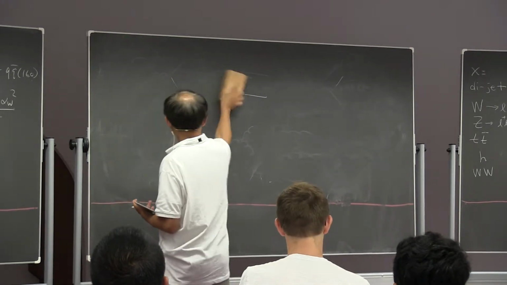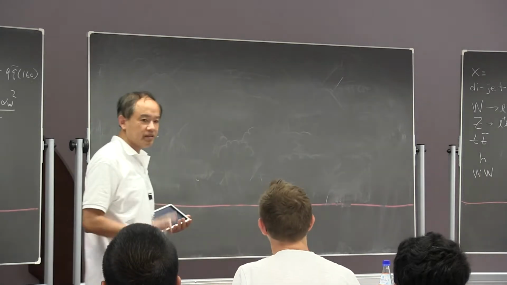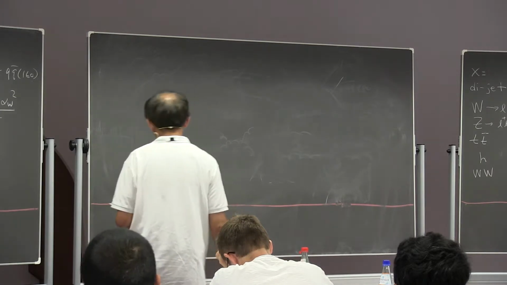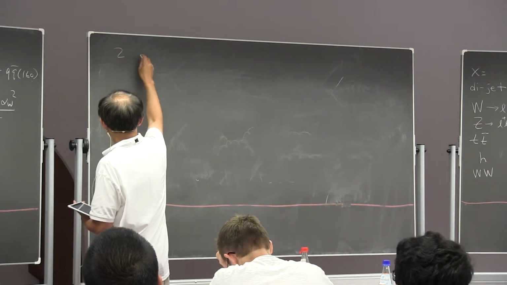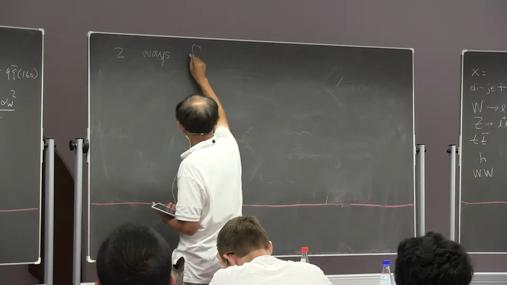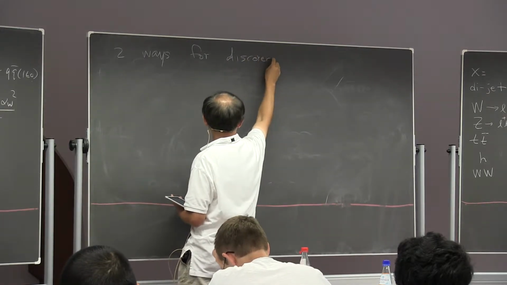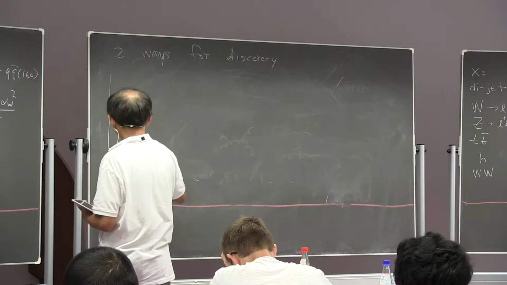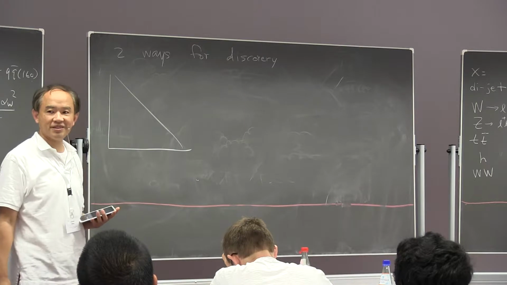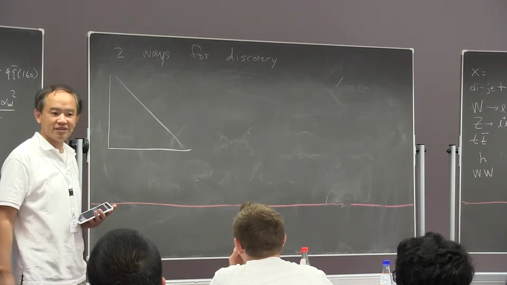There are basically 2 ways for discovery. One way is that the standard model always looks like this. There's some distribution. I'm not going to specify what distribution this is. All the distributions look like this.